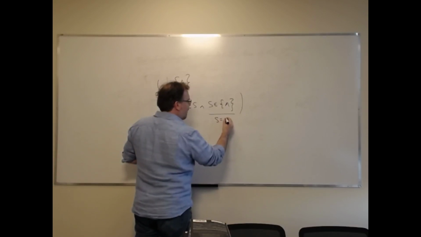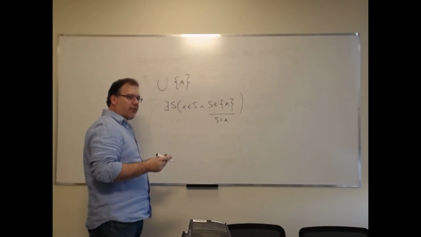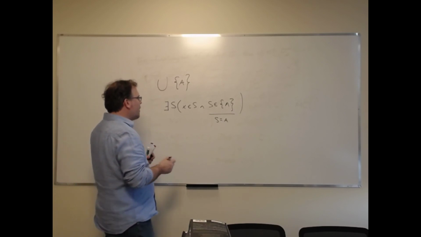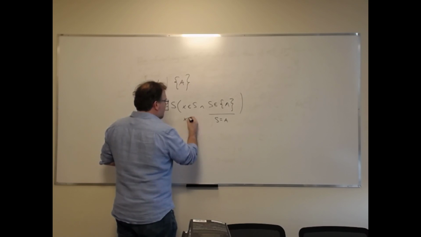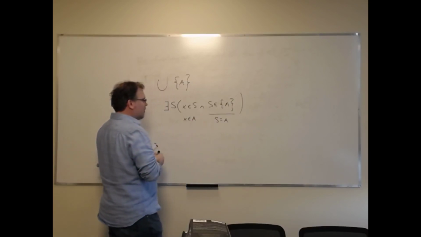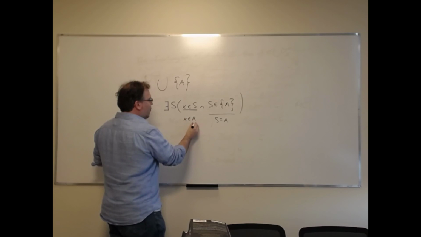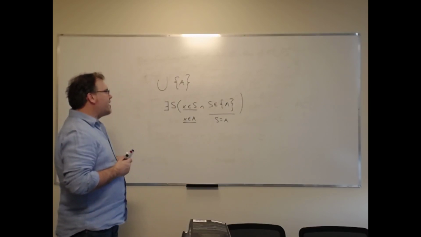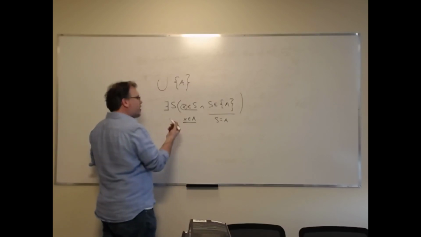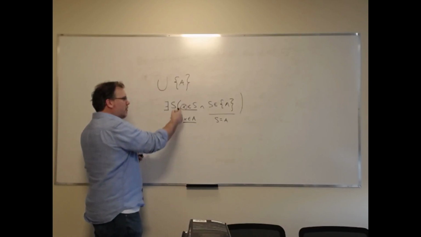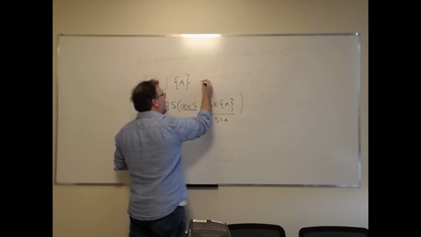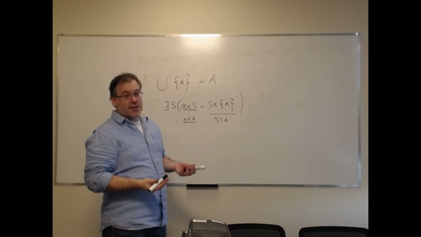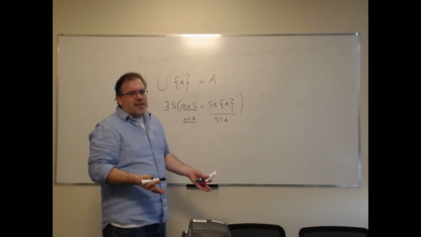That happens if S equals A, as you remember from looking at the singletons in the last video. And so the first part means this: that's going to be true just if we have X in A. So the only objects X for which that sentence is going to be true are those that are in A. So the union of a collection of sets, where the collection is just singleton A, is itself the set A.